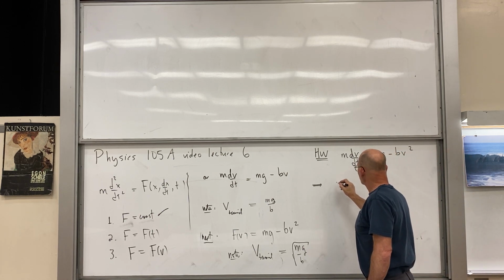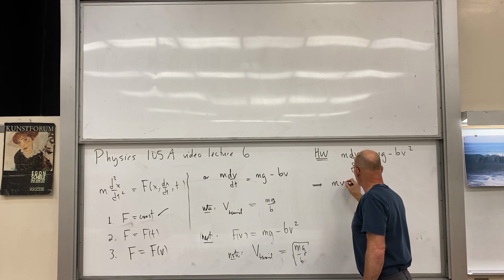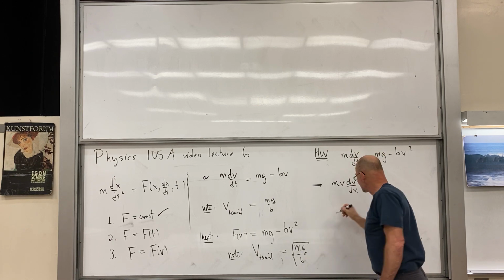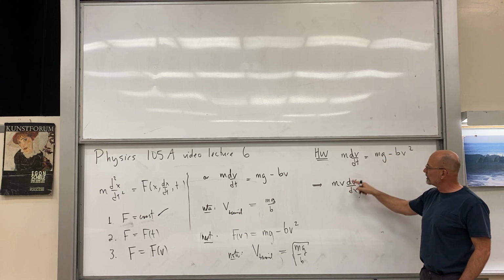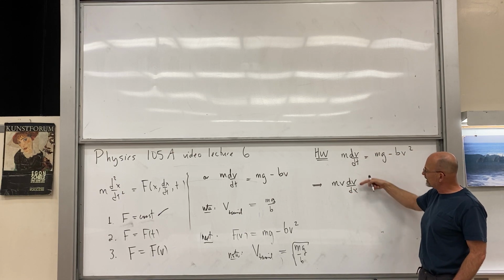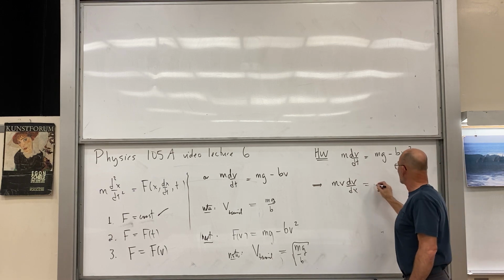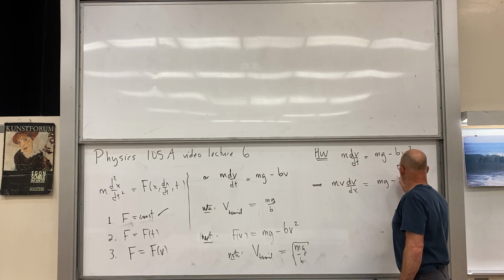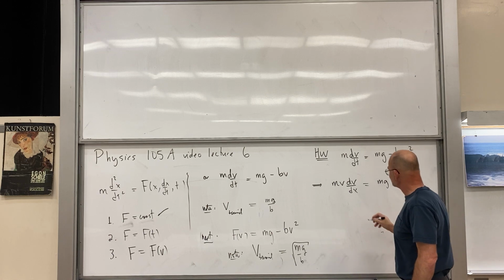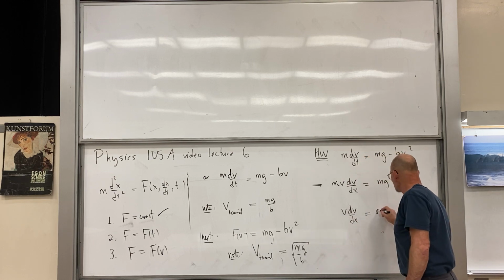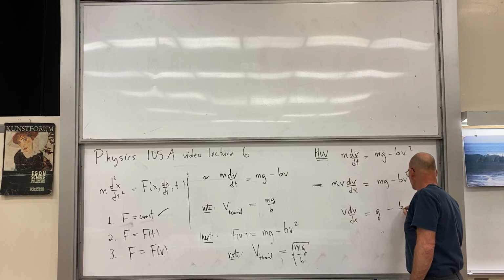So we're going to write this m v dv/dx. As you recall, chain rule told us dv/dt was dv/dx times dx/dt. Did that last time. So you're going to have mg minus bv squared, v dv/dx is equal to g minus b divided by m v squared.